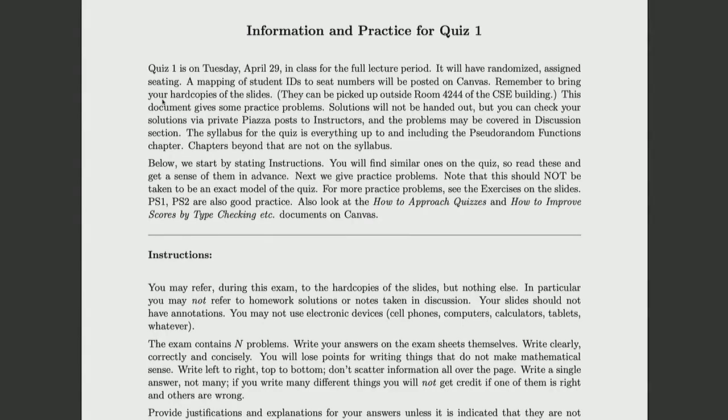So you look at that before you come in, and you'll see a mapping of ID to seats, so you know what seat to sit in. You're allowed, remember, to have hard copies of the slides, but only the ones given out in the class. So those can be picked up outside this room of the CSE building. So if you haven't already, before the quiz, it'd be worthwhile to grab yourself a copy.